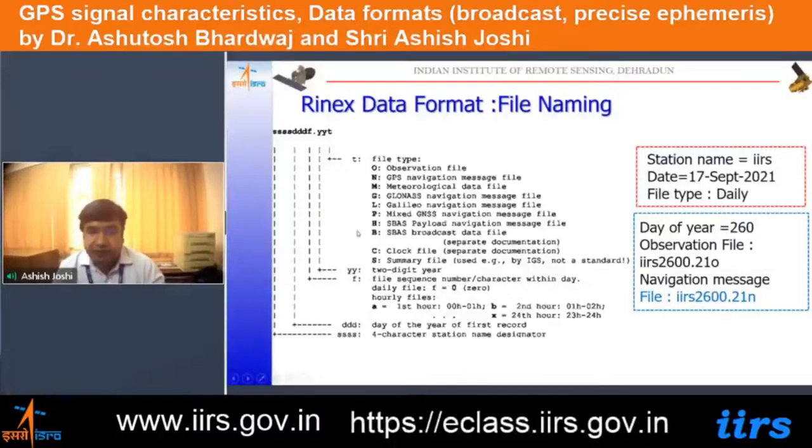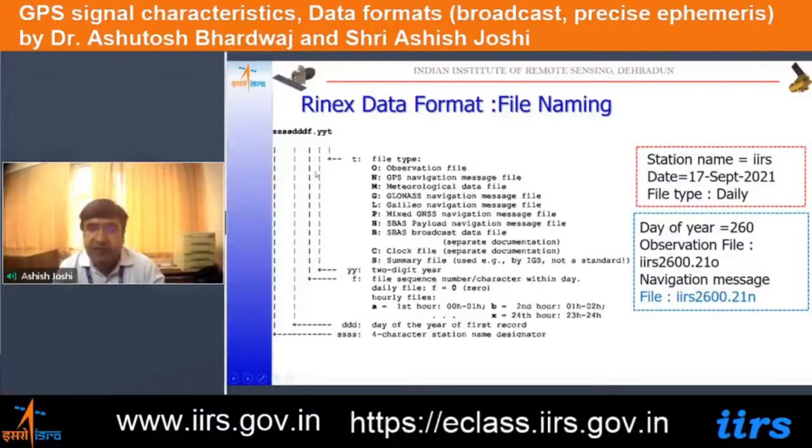After that comes the 2-digit year. If we have 21, then it is 2021. And the last is the T, meaning the type of the file. If it is an observation file, then it is O. If it is a navigation file, then it is N, and for a meteorological file, it is M.